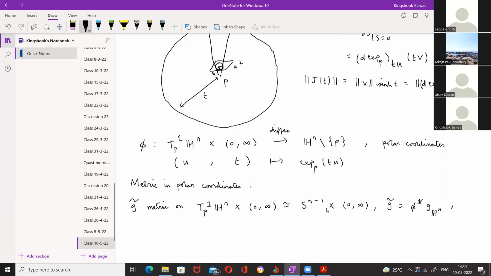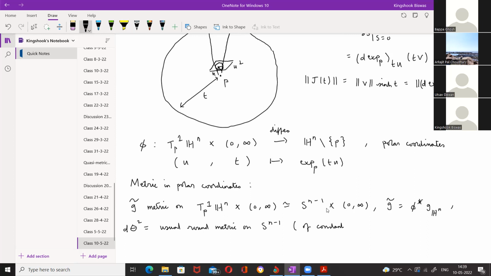So let d theta squared be the usual round metric on S^(n-1), of constant curvature plus 1.